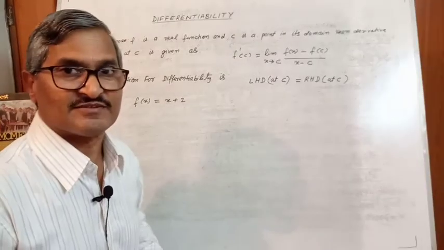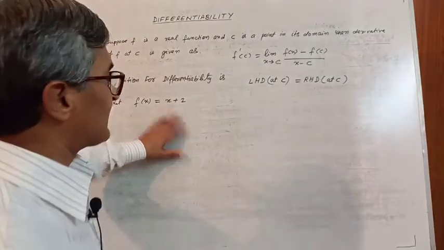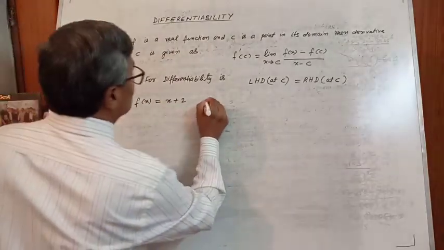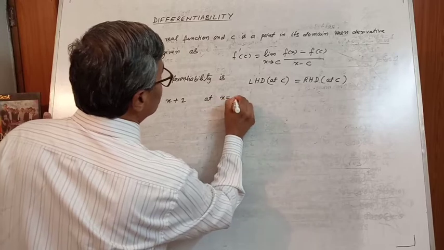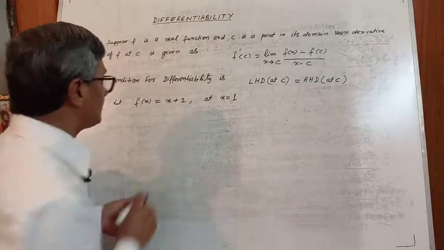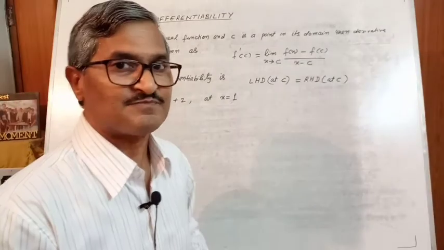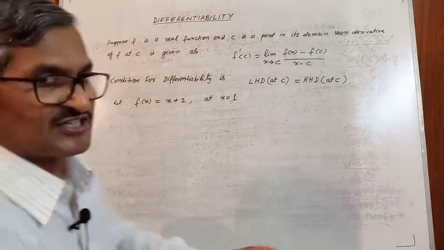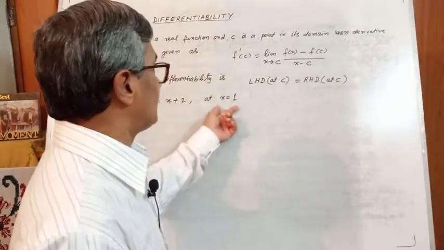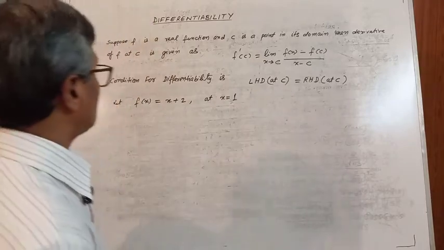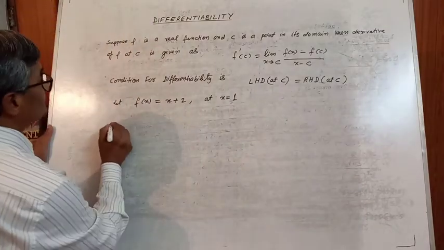Whether this is differentiable or not at x equal to 1. For your understanding, I have taken this simple example. How to check the differentiability of a given function at a given point, this I am going to find out.